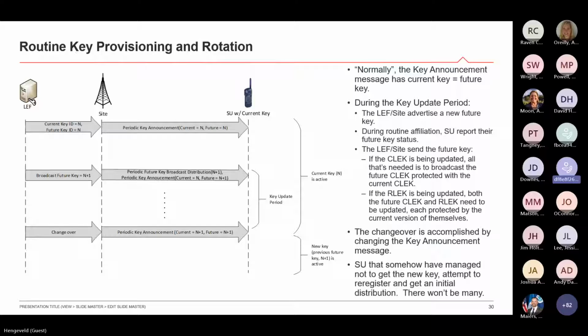But the only keys that you have for any particular system are the RLEC or CLEC, so one of those, and then whatever group keys you need to be managed within that system. So it's a small set of keys per system for an SUID. It's a small set of keys. And if I'm doing automatic roaming, it's even smaller because I can get provisioned in each one.